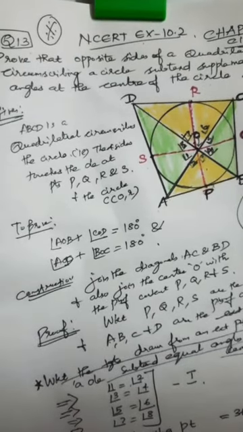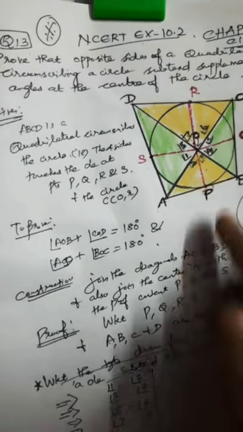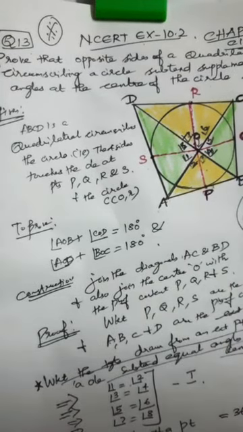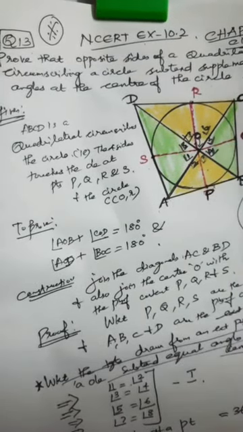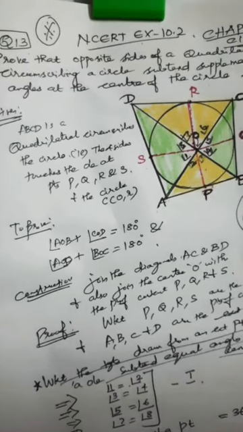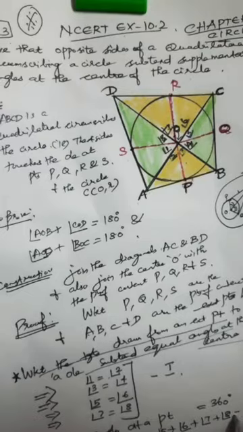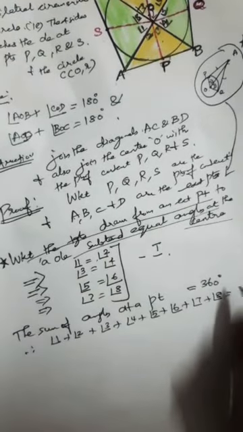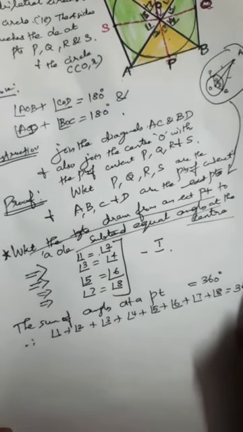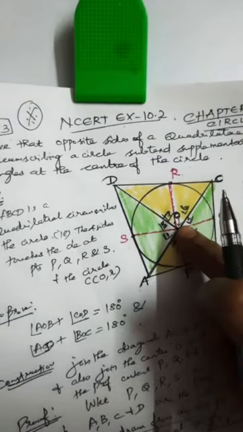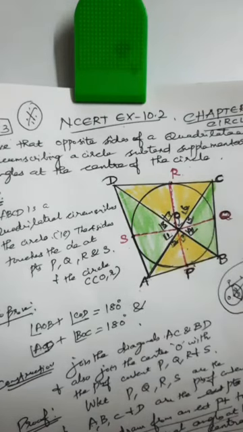Therefore angle 1 plus angle 2 plus angle 3 plus angle 4 plus angle 5 plus angle 6 plus angle 7 plus angle 8 equals 360 degrees.